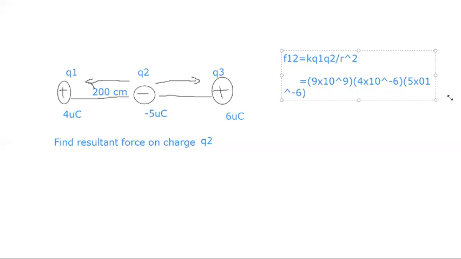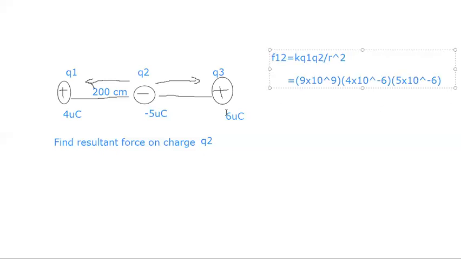I'm repeating again: this is K, 9 into 10 to the power 9, the constant. This is the formula of Coulomb's law we already studied: F equals K Q1 Q2 over R square.